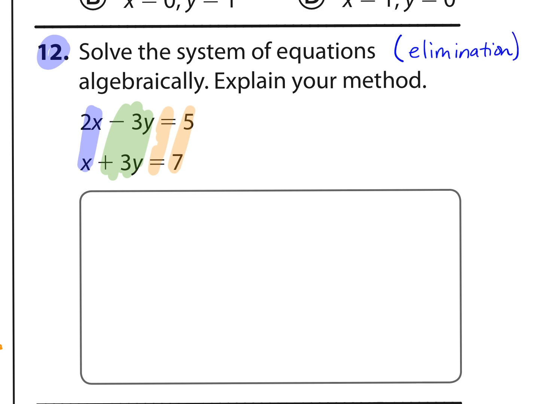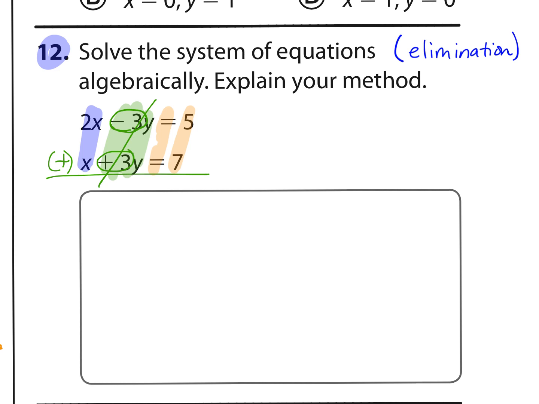And so looking at your x and your y terms, you could think for a minute which one would be easiest to eliminate. But if I were to just go ahead and add these equations together, notice that the y terms, I have a negative 3y plus 3y. Those are just opposites of each other, and when we add them, they cancel out.